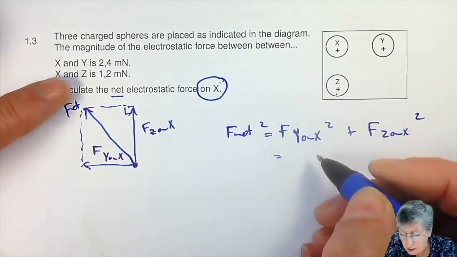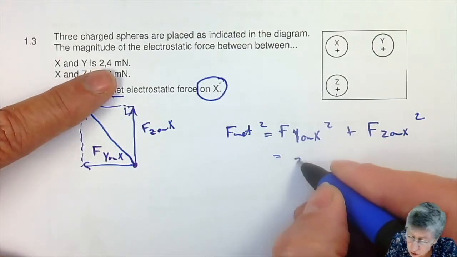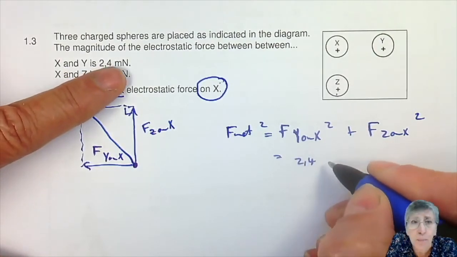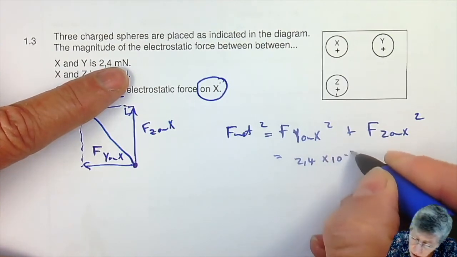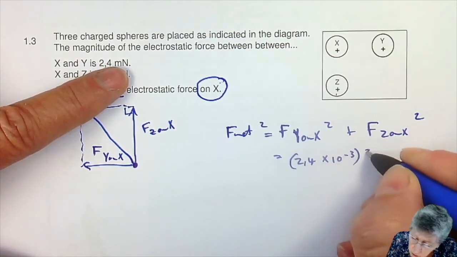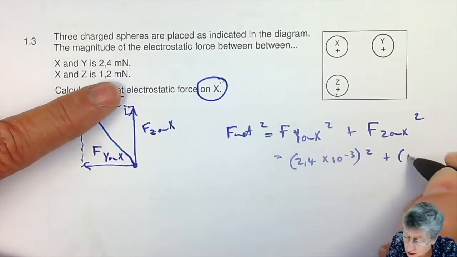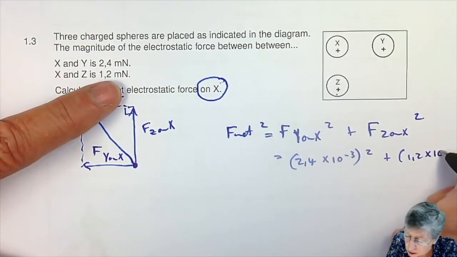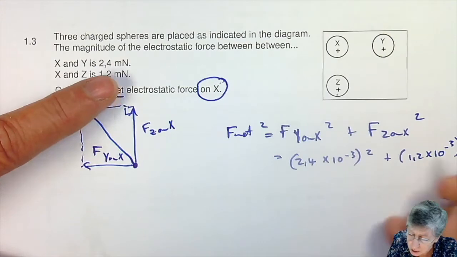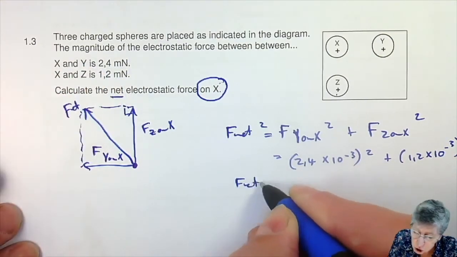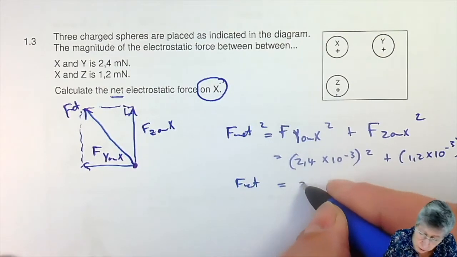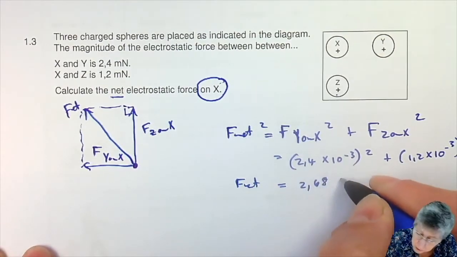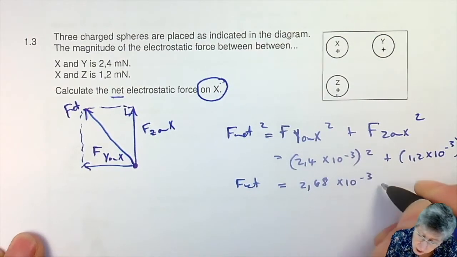Right, now what did they tell us? Y on x, 2,4, and just remember that little m there is millinewtons, so it's times 10 to the minus 3 to get to newtons, and remember to square. The other one is 1,2 times 10 to the minus 3 and squared, and remember to get the square root over there. And when you get that square root, you will end up with 2,68 times 10 to the minus 3 newton.